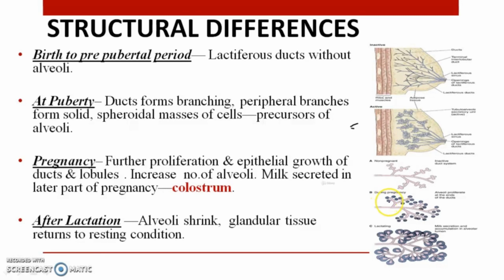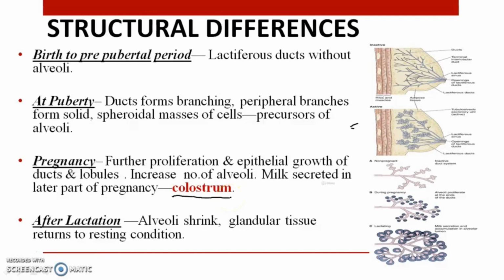In the later part of pregnancy, you can make out some fluid coming out from the nipple region. That fluid is called colostrum, which is very important to note down. Colostrum is the milk secreted in the later part of pregnancy.